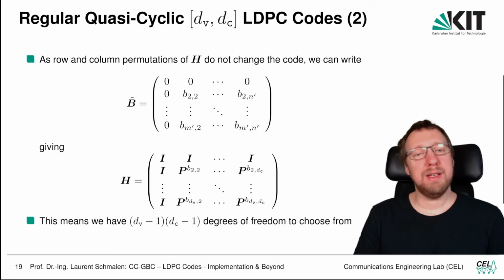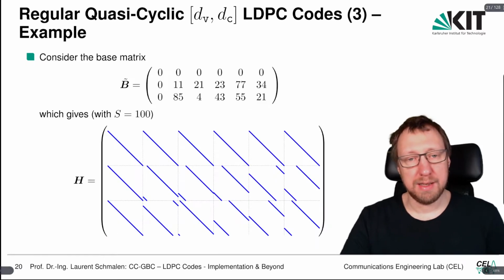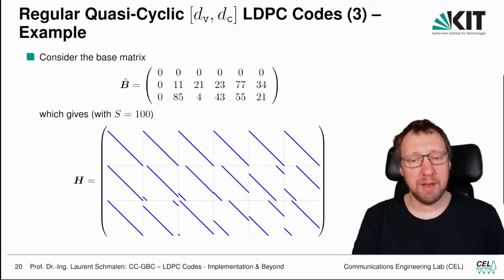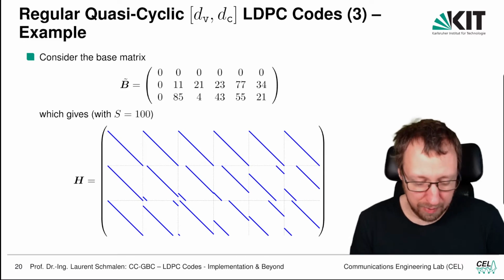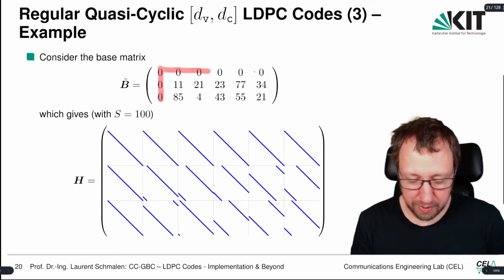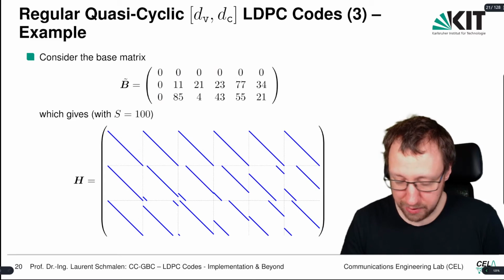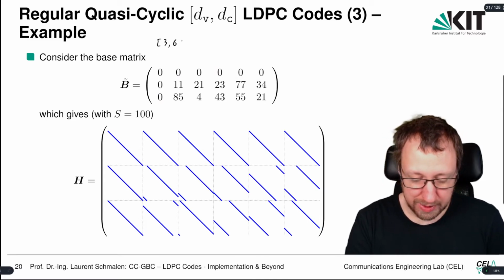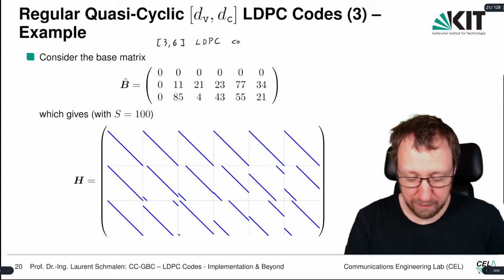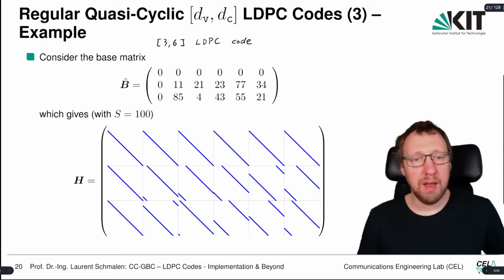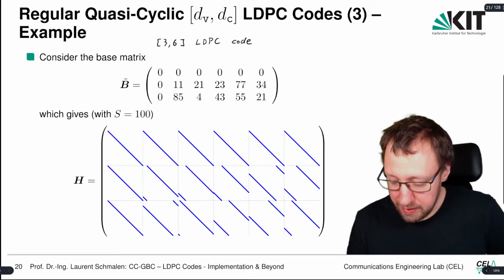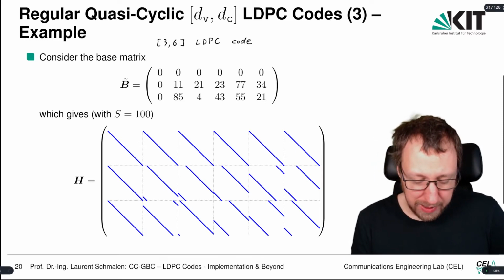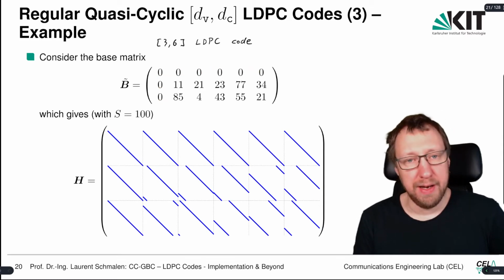Okay, so these are some properties. Let's take a look at an example. Here we have the base matrix of our 3-6 regular LDPC code. So we have the base matrix with 0, 0, 0, and 0, so the identity matrices here.